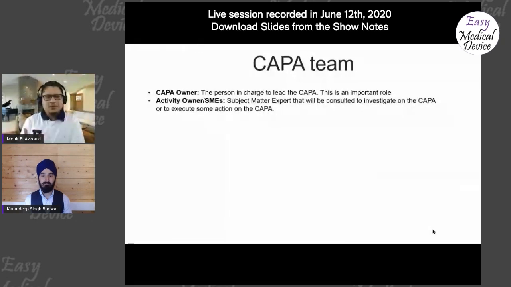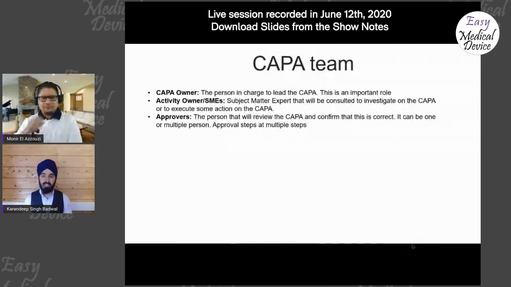It's more the SME or the specialist that can do that. Quality can support you and help you move forward. But at the end, you should not consider CAPA only a tool to be used by a quality department. This is also a mistake that some companies make. They think, oh, it's a CAPA, let's give that to the quality department, which is not really the best way to do it.